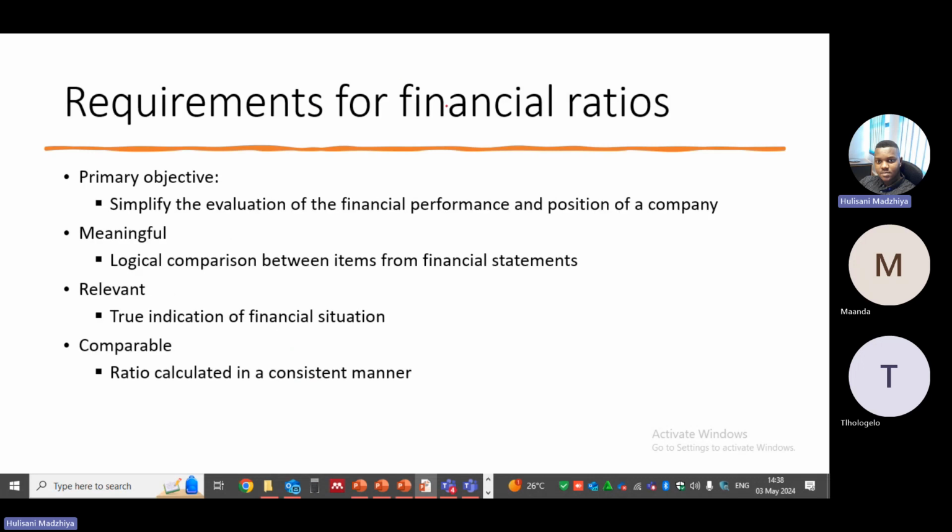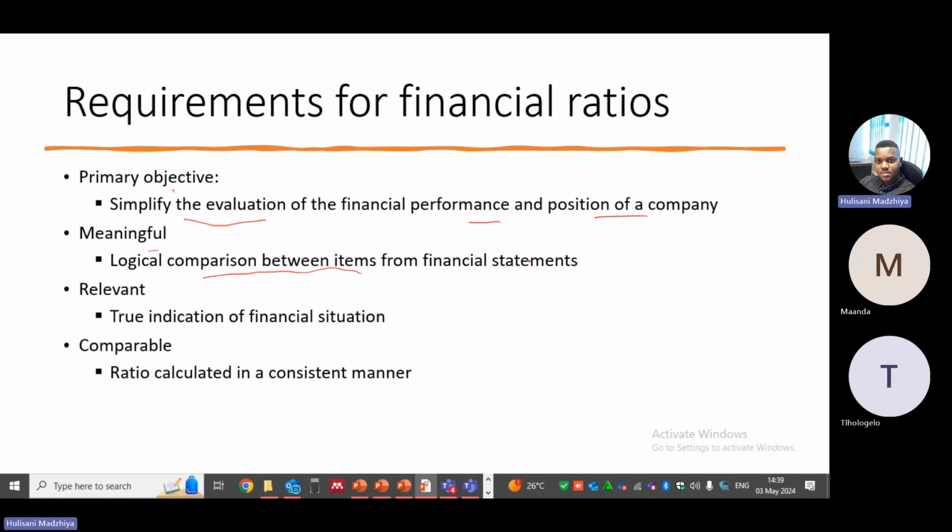So the requirement for financial ratio analysis is that the premise is simply to evaluate the financial performance and position of the company. The ratio needs to be meaningful, meaning that the logical comparison between items from the financial statement needs to be valid.